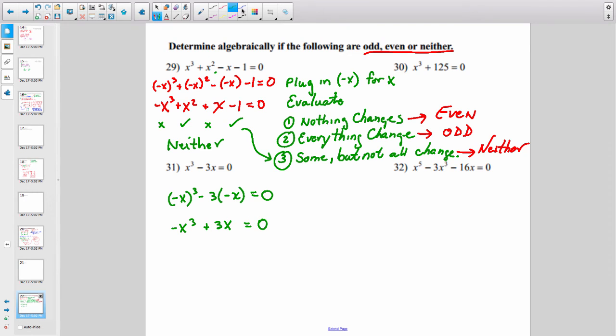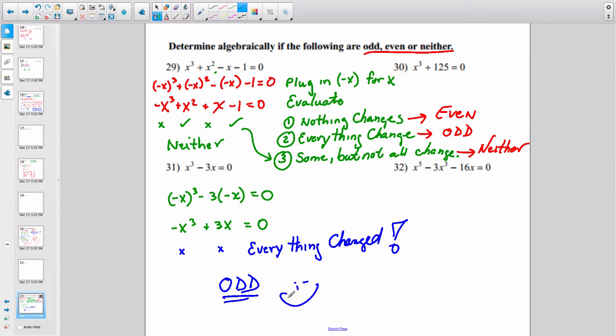Taking a look at what happened, okay, x cubed, the original, ended up like negative x cubed, so that's a change. Negative 3x in the original ended up like positive 3x. Okay, that's a change. So everything changed. Everything. So that's number 2. Everything changed, you are then considered odd, which is a good thing.